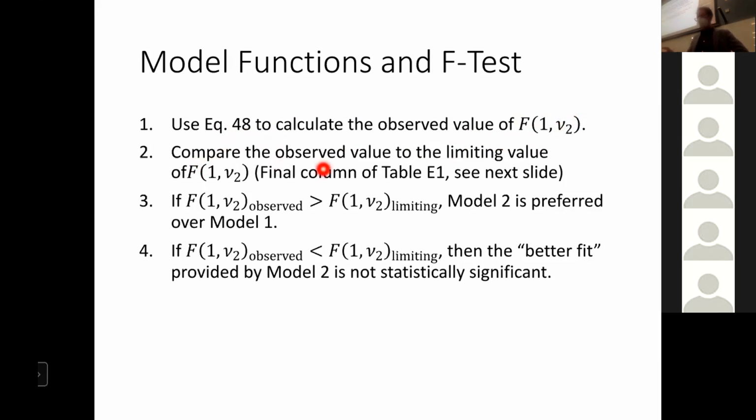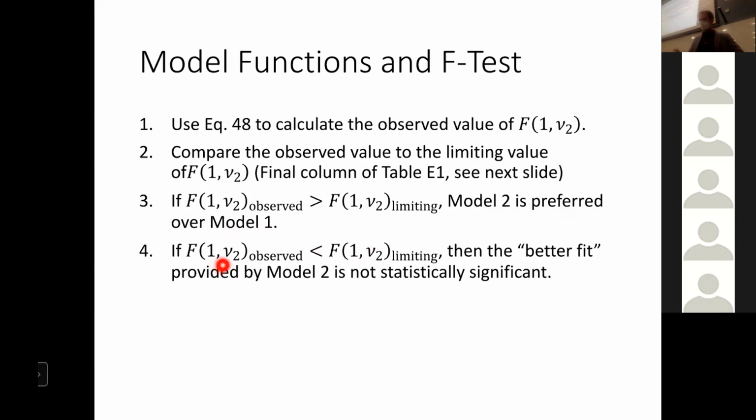Then you're going to compare the observed value to the limiting value at 95% confidence of the F parameter. You can get that from the final column of table E1 in your lab manual, which is also shown on the next slide. If the observed F parameter is greater than the limiting F parameter, then the second model, the model with more fit parameters, is preferred over the first model.